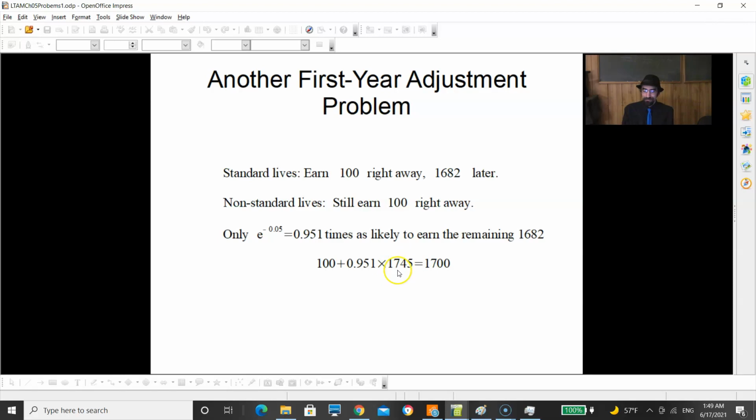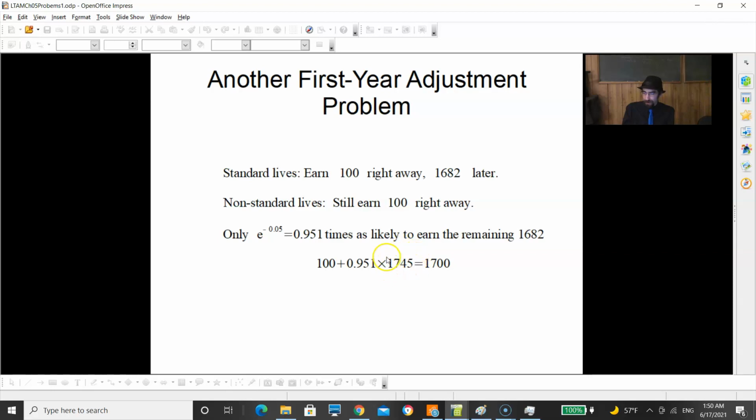Just mentally, roughly 5% off of 1682 means you subtract about 80, a little more than 80. So yes, that would work. So you get 1700.